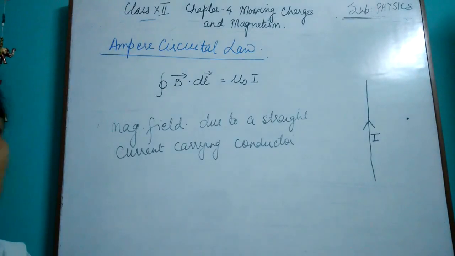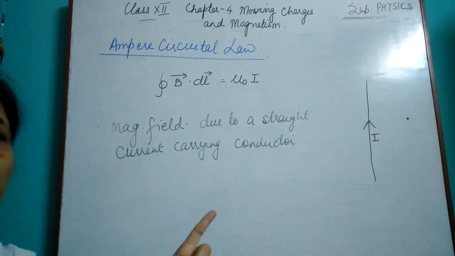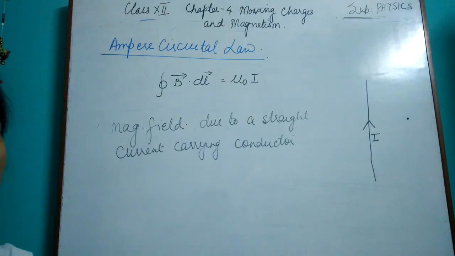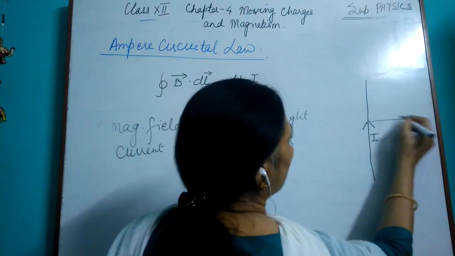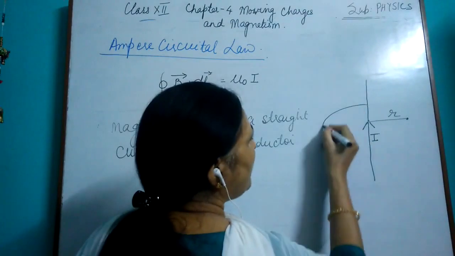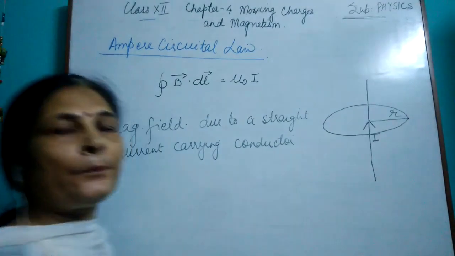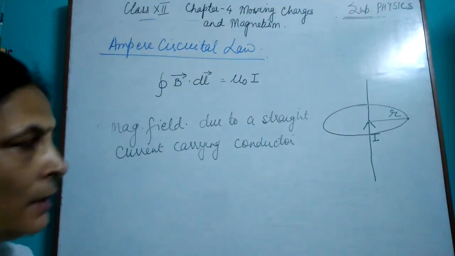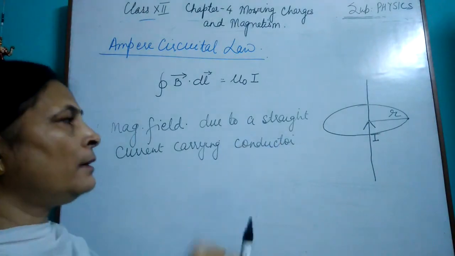So my first step will be to draw an Amperian loop around this conductor so that this conductor is inside the loop. See, say if this distance is r, small r, I'll draw an Amperian loop of this kind, in which the conductor is now going inside the Amperian loop.